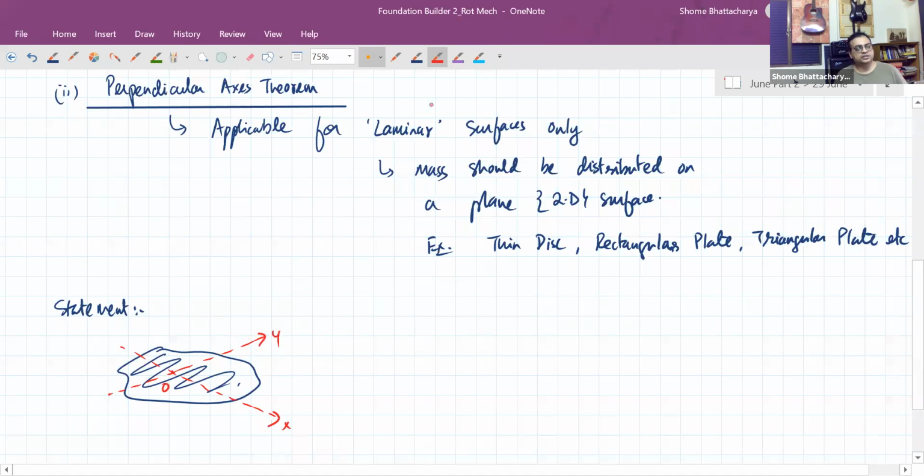The origin need not be the center of mass. It can be anywhere, as long as the two-dimensional planar body we are talking about is lying in the xy plane.